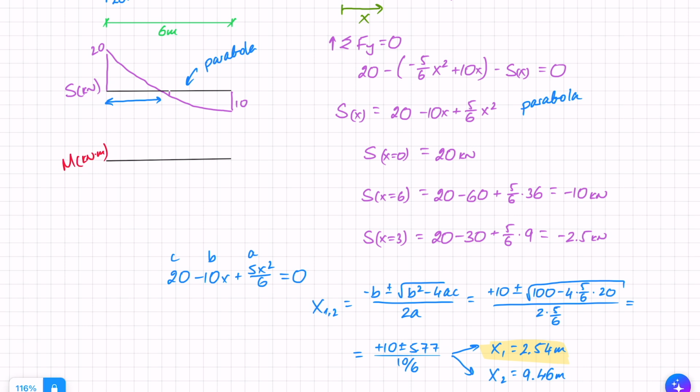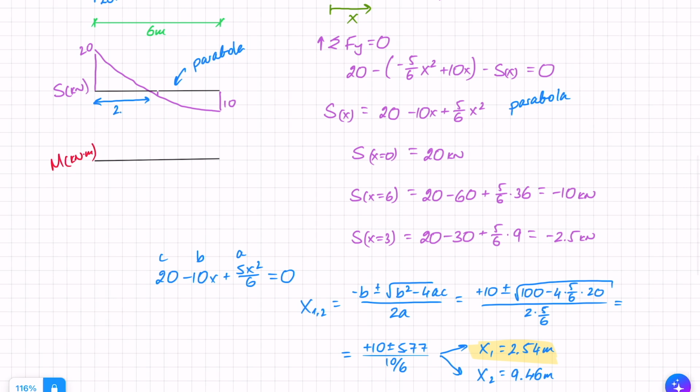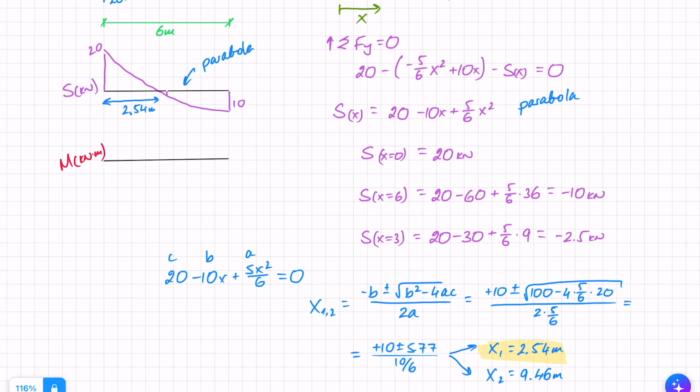So that is not a valid answer here. And we can just write 2.54 meters here as this point of 0, which is going to be very important for us doing the moments.